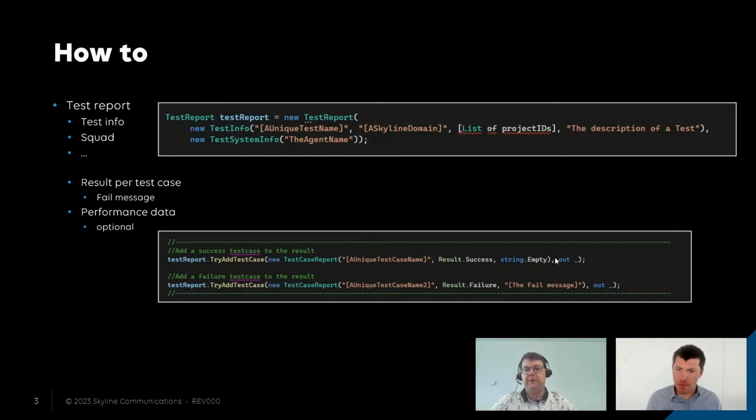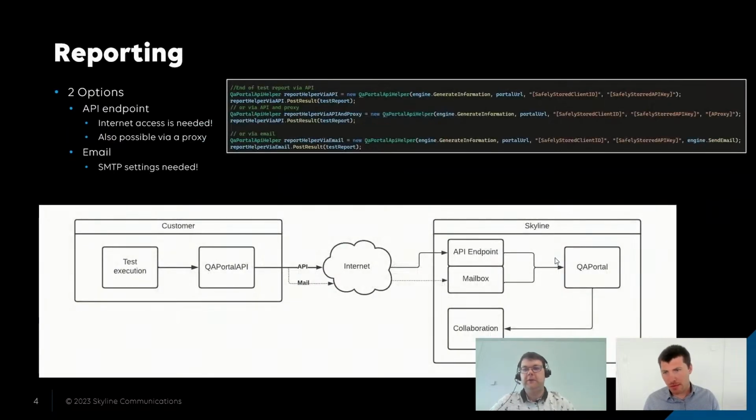So you do that for all the test cases in your test, and then you have to report that to Skyline. That can be done in 2 ways. Either to the API endpoint, but for this you need internet access, or it can also be done via a proxy. The second way is via an email, but then you need to take care of the SMTP settings in the dataminer.xml.